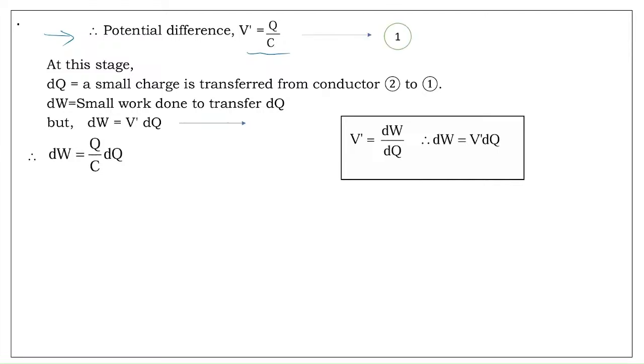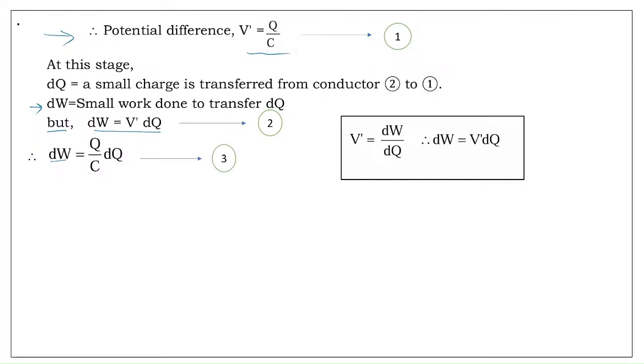Here, dq is a small charge transferred from conductor 2 to 1. dw is the small work done to transfer dq. But dw is equal to V' into dq. Mark as equation 2. Therefore, dw is equal to q by C into dq.